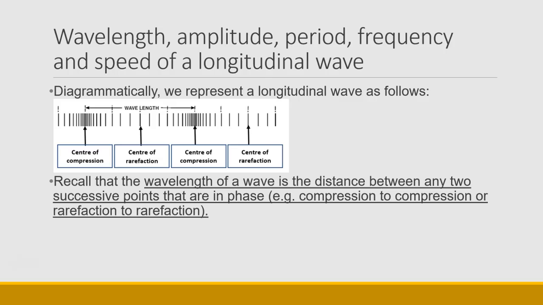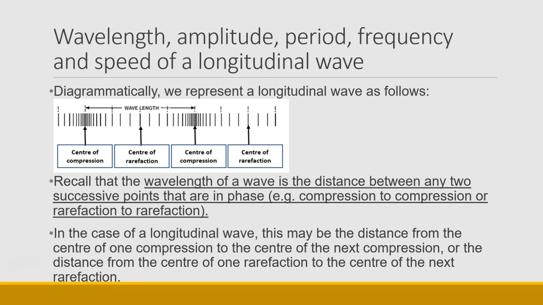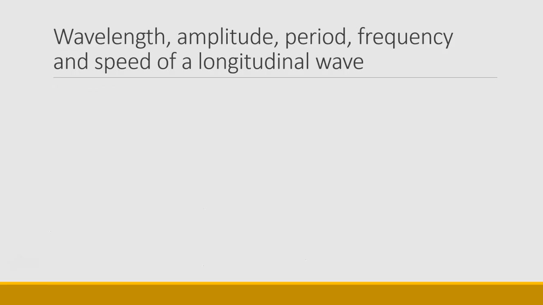They have compressions and rarefactions. So it would be, for example, compression to compression distance or rarefaction to rarefaction distance. So again, in the case of a longitudinal wave, this may be the distance from the center of one compression to the center of the next compression, or the distance from the center of one rarefaction to the center of the next rarefaction.